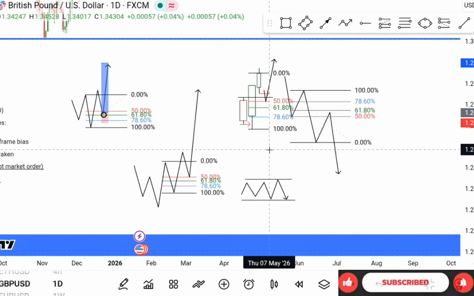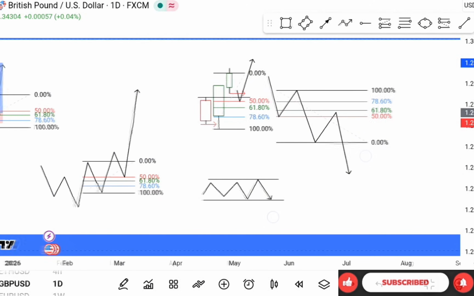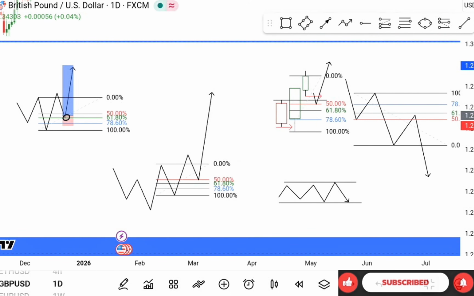Maybe always use the open of the displacement, or the open of the candle that formed the third candle, or use the wick. But I will always tell you to use the open or the close of the candle, whether you are looking at a bearish move or a bullish move.